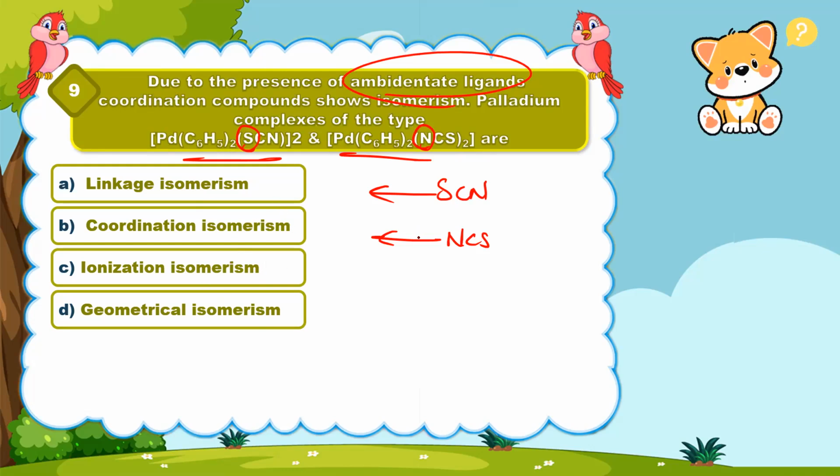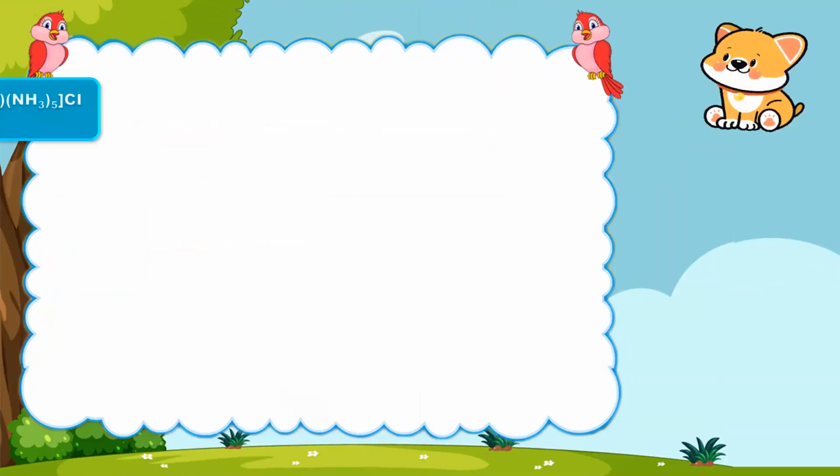So for ambidentate ligands, their linkage is different here. The atom which is donating is different. So we call it linkage isomerism. Through which atom it is linked to the central atom is different. That's why it is an example of linkage isomerism.